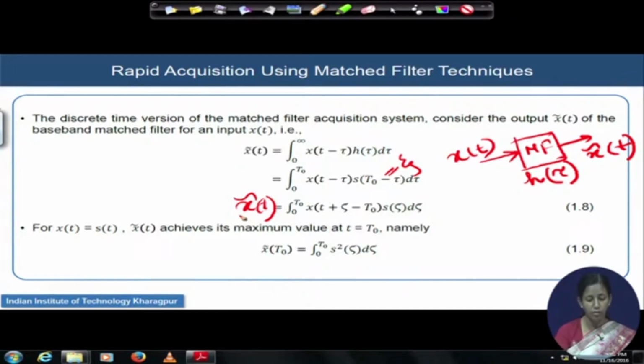It will give the maximum value if this x(t) exactly matches with my xi, and if at t equal to t0 they are exactly matching, then it will simply be S squared xi. Substituting small t equal to t0, we get exactly S squared xi. So the output at t0 will be given by expression 1.9, following the matched filter fundamentals.